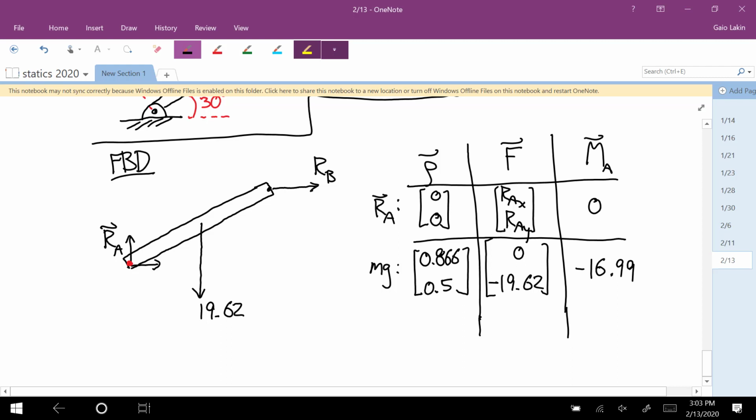Okay, great. And then the last one is that force RB. That's 2 times cosine and sine of 30, so that's 1.732, 1.